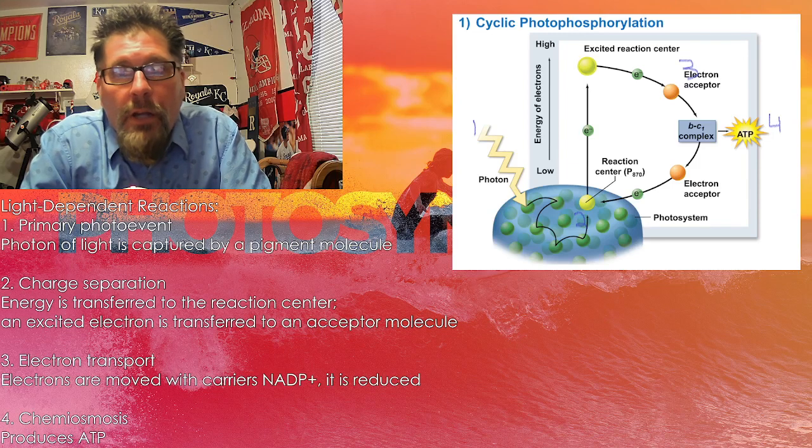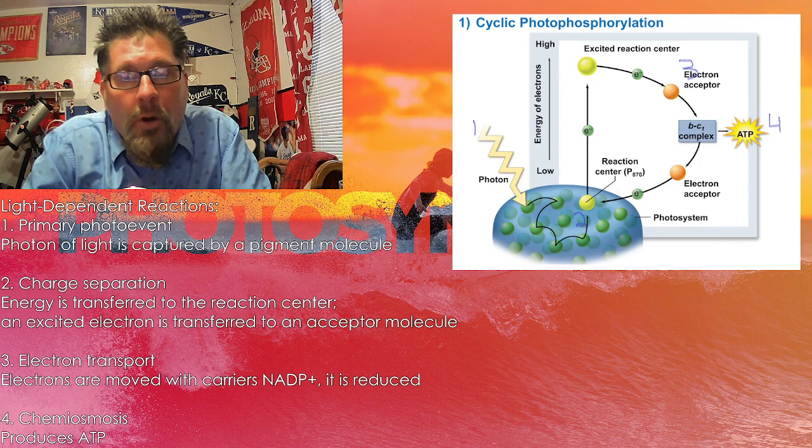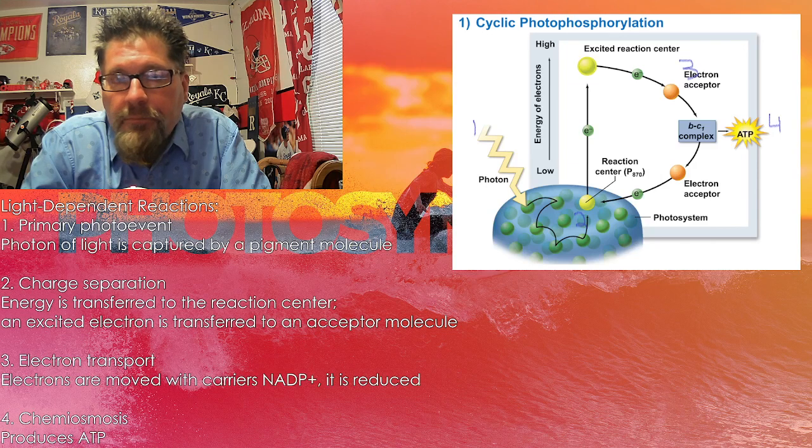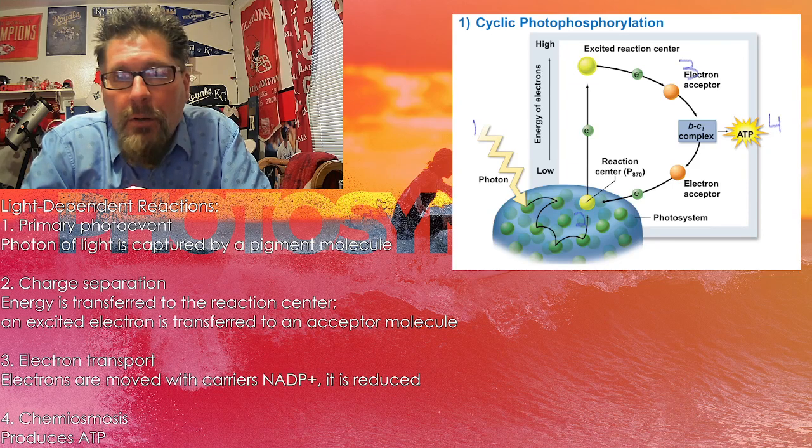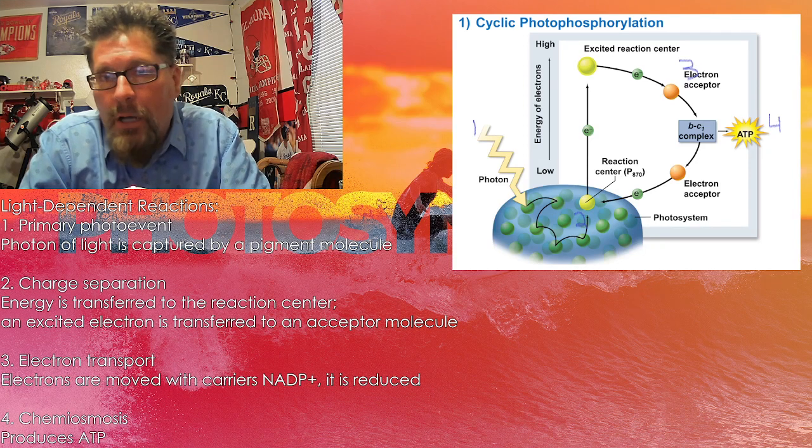So when we're thinking light dependent reaction, again, photosystem 1, photosystem 2, in the thylakoid membrane, the idea of getting the electrons through the system and getting the components built and made that are headed to the Calvin cycle.